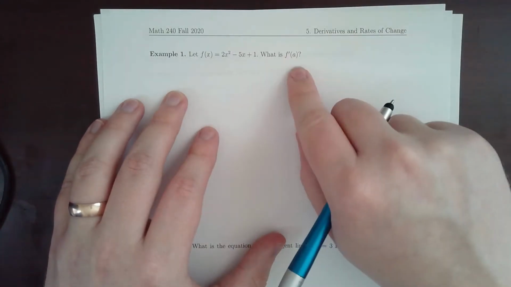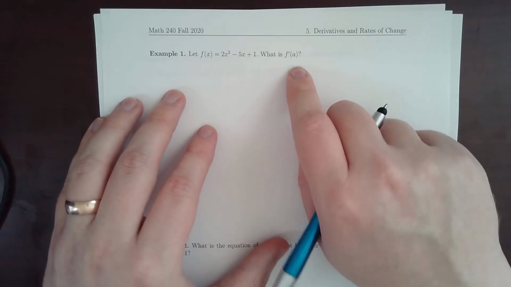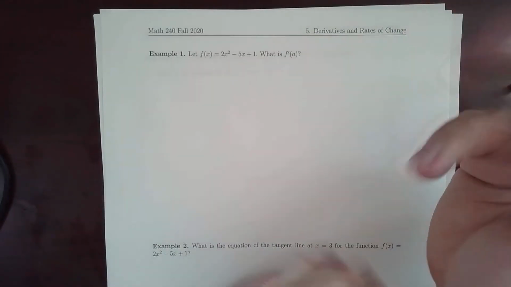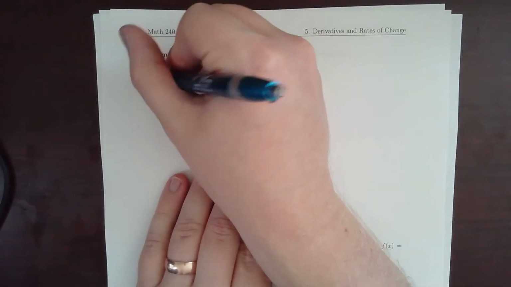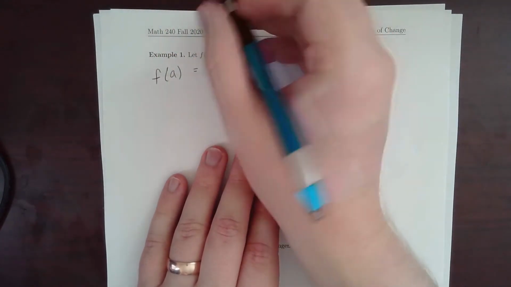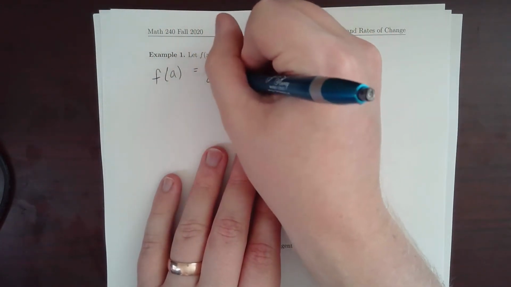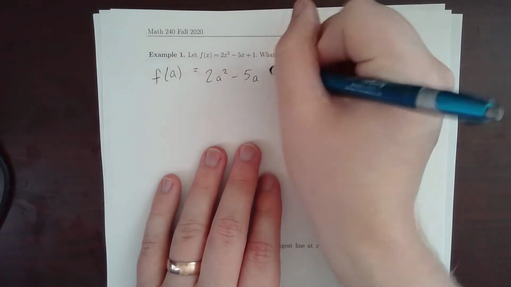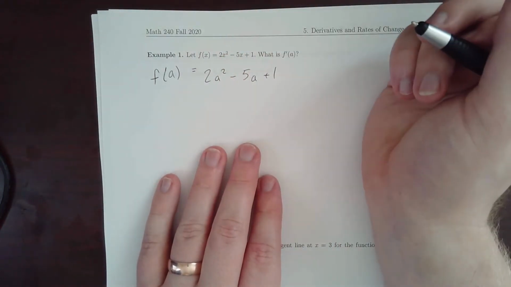So if we say f prime of a, then that lets us figure out what a will be later. And then we can find it for a particular a. So if we plug in letters, f of a is going to be 2a squared minus 5a plus 1.